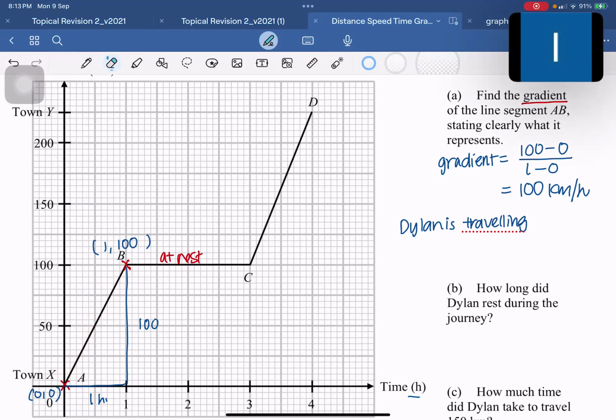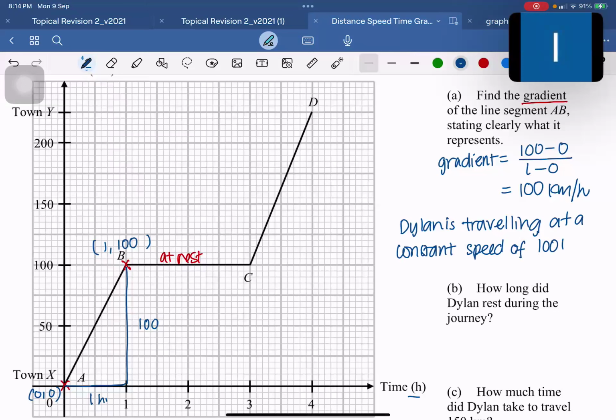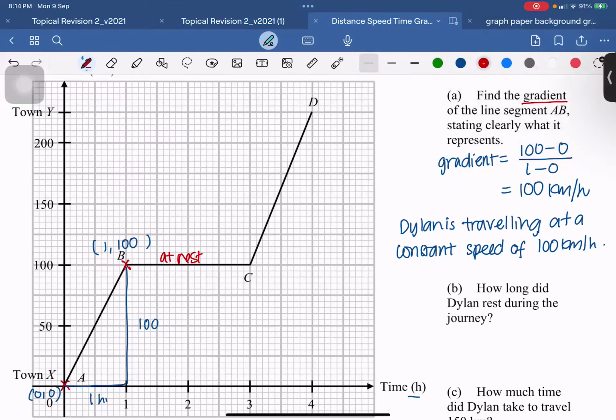This one will be constant speed. You can revise physics at the same time. Dylan is traveling at a constant speed of 100 kilometers per hour. So keywords, you need to write traveling at constant speed, then the number of the gradient.